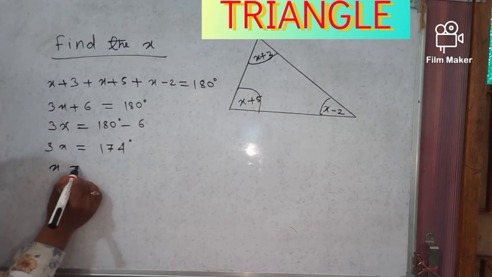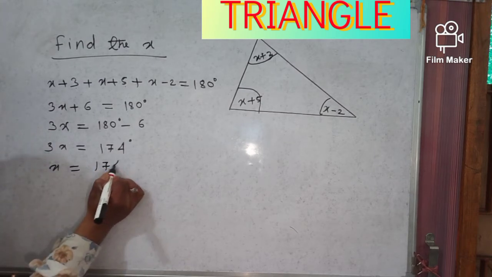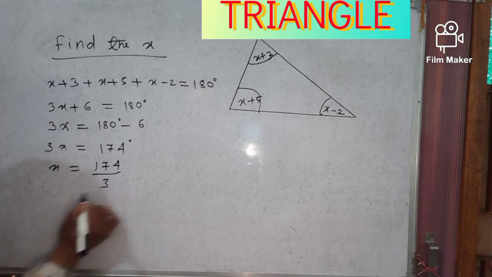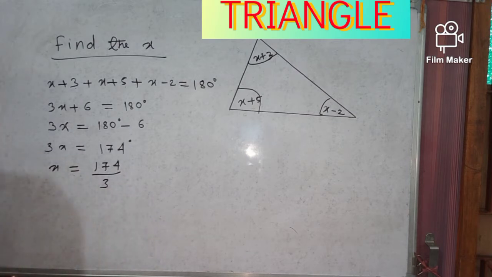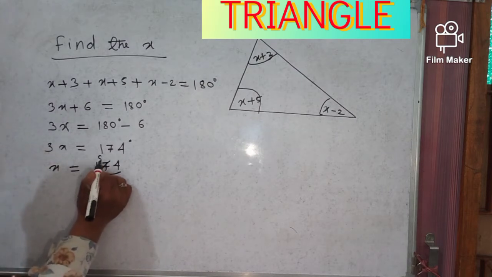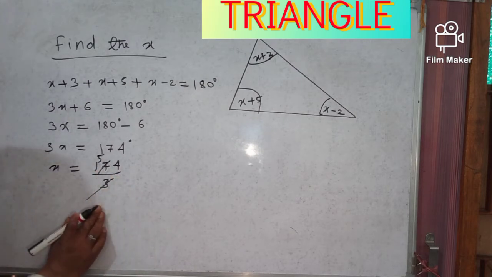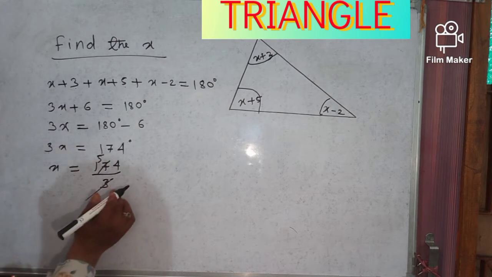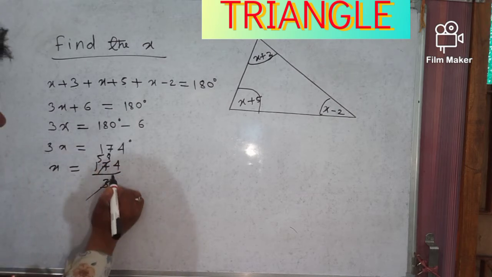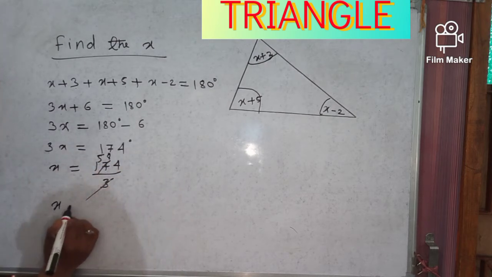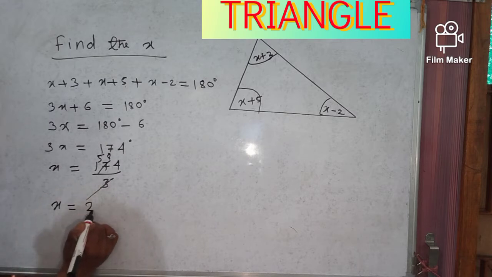So x is equal to 174 by 3. 3 fives are 15, and 3 eights are 24. So x is equal to 58 degrees.